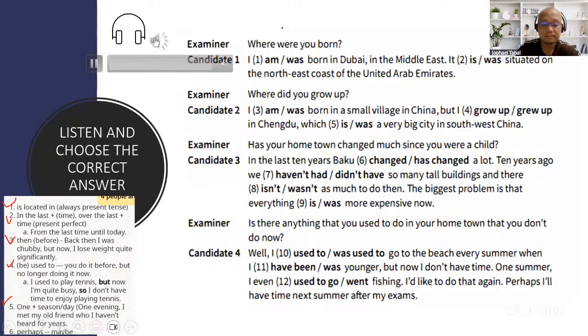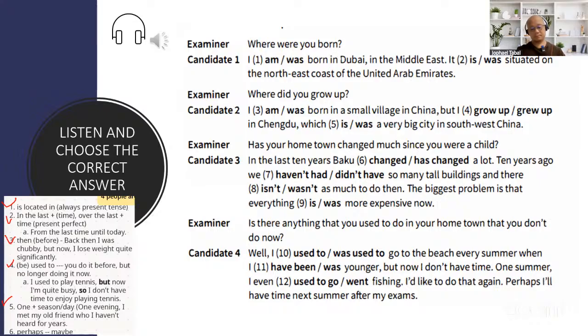One. Where were you born? I was born in Dubai, in the Middle East. It's situated on the northeast coast of the United Arab Emirates. Two. Where did you grow up? I was born in a small village in China, but I grew up in Chengdu, which is a very big city in southwest China.